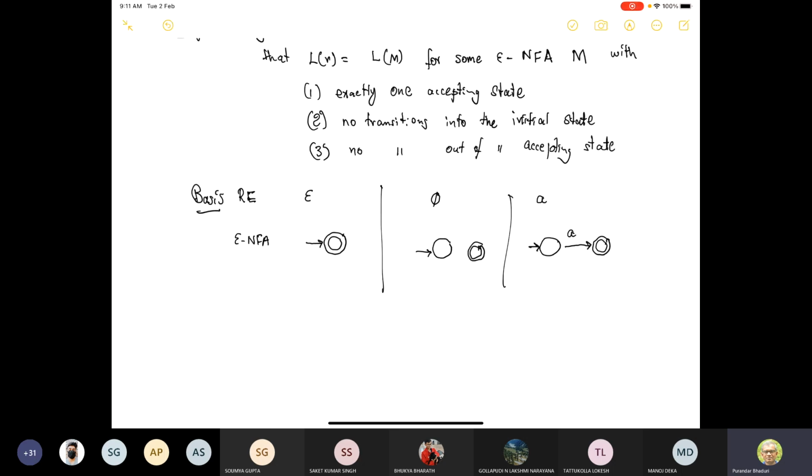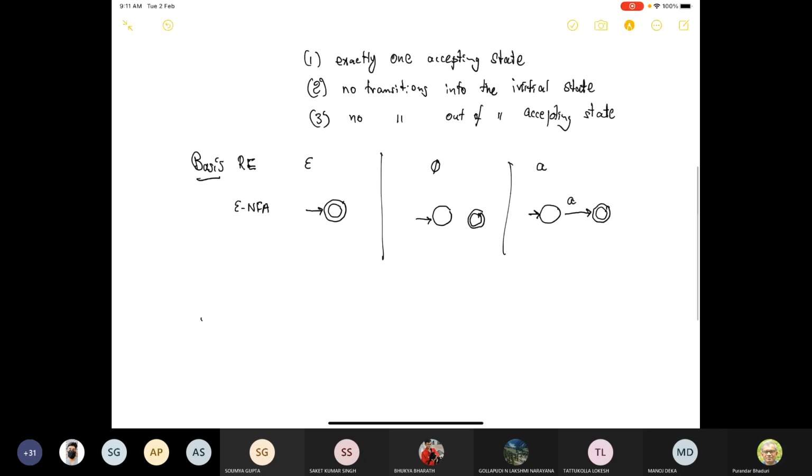Now we come to the inductive part, right? And there are various cases. Right? Case one, R is R1 plus R2.